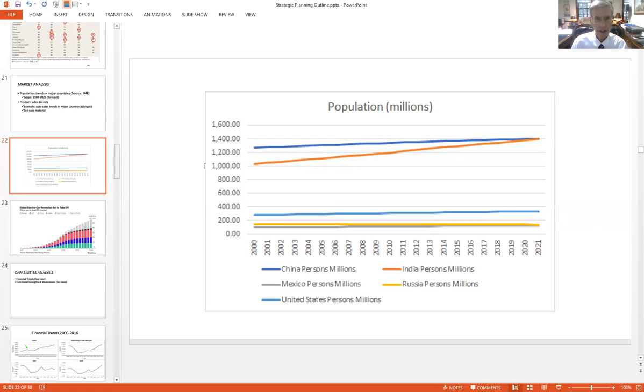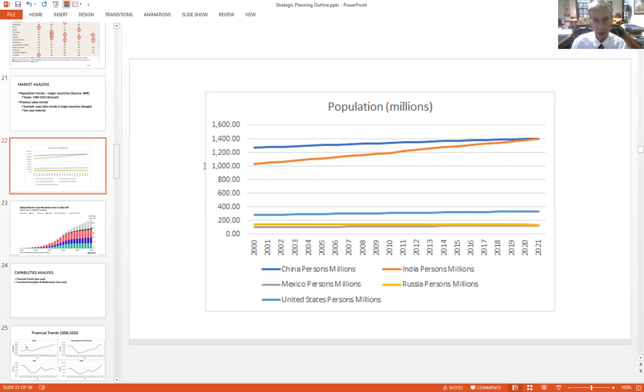The Indians haven't figured that out yet, and so their fertility rate is still above the replacement rate. It's come down a great deal. In India, the fertility rate not long ago was 3.5 children per family. Today, it's about 2.5.